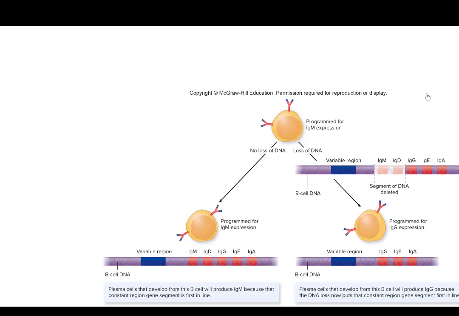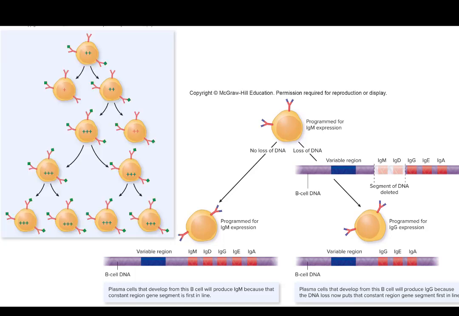When a naive mature B cell gets cross-linked, it will make IgM. It will migrate to the edge of the B cell follicle and link for CD40 ligand so that it can delete the DNA and make the appropriate heavy chain constant region.